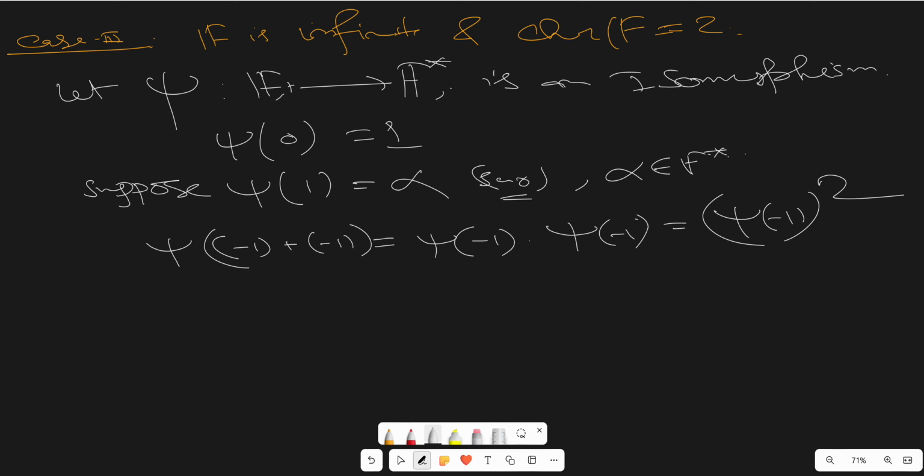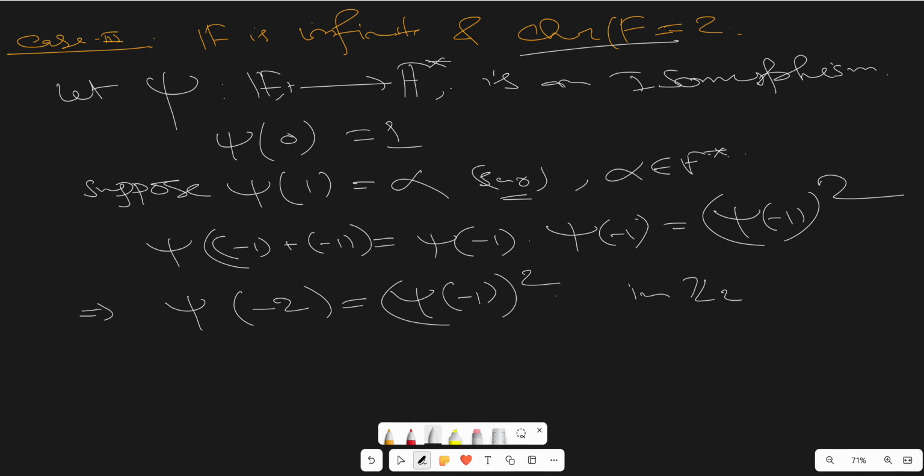So here, what we have is psi of -2. This is actually psi of -1 squared, but you are in Z2, which means the characteristic of the field is 2.